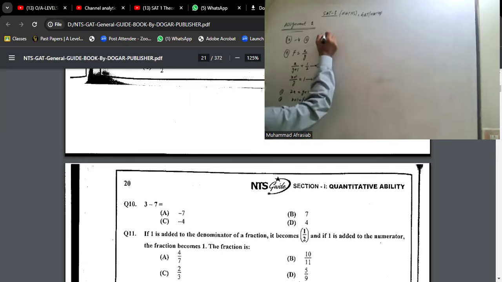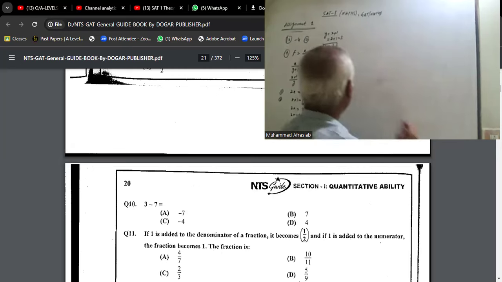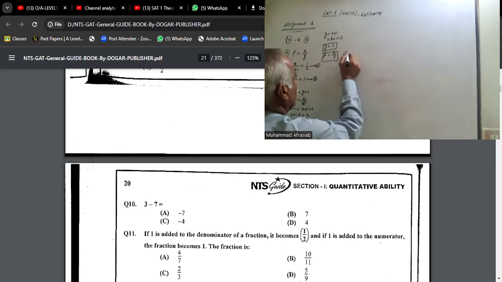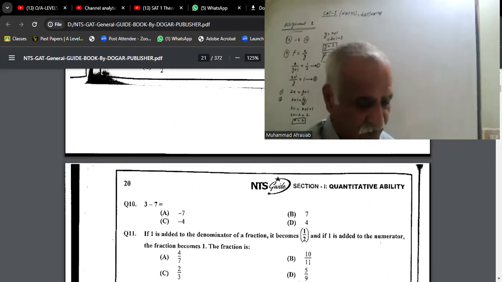Then y is equal to x plus 1, so it should be equal to 2 plus 1, and that is equal to 3. So y is equal to 3. So the required fraction is basically equal to 2 by 3. And this is the answer of this question. 2 by 3 is C part. So for question number 11, C is the right choice.